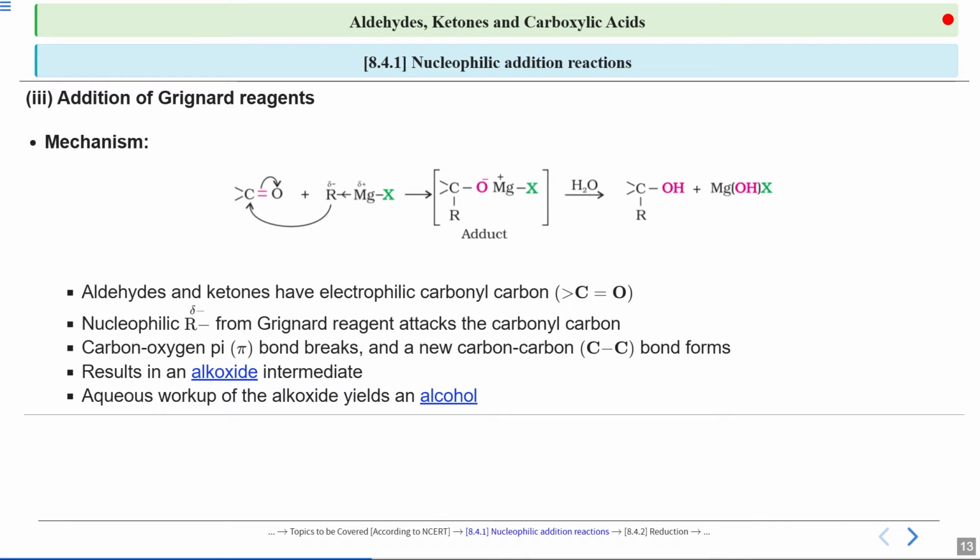So H plus gets attached to this oxygen, which forms an alcohol, and here you get MgOHX. So simply remember that R, which has a negative charge, gets attached to the carbon, and MgX gets attached to the oxygen. You get an adduct, and then you react it with water, the H plus gets attached to the O negative, and you get an alcohol and MgOHX.